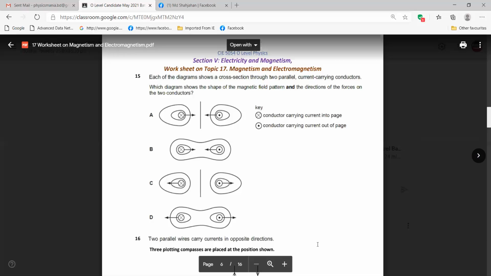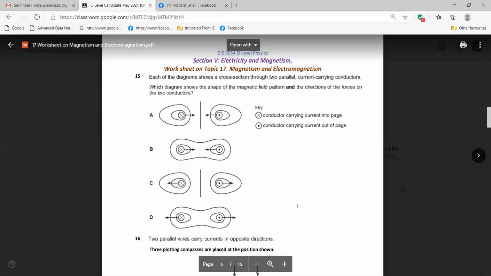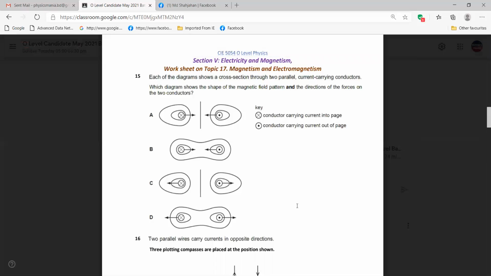Same direction repel, opposite direction attract. If this one is going this way and it's going out of the page, then it's coming this way. So it's in the same direction, so it will repel.